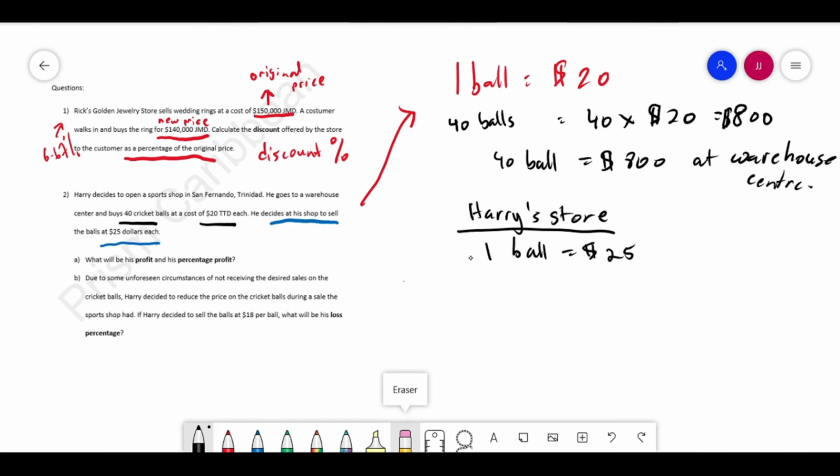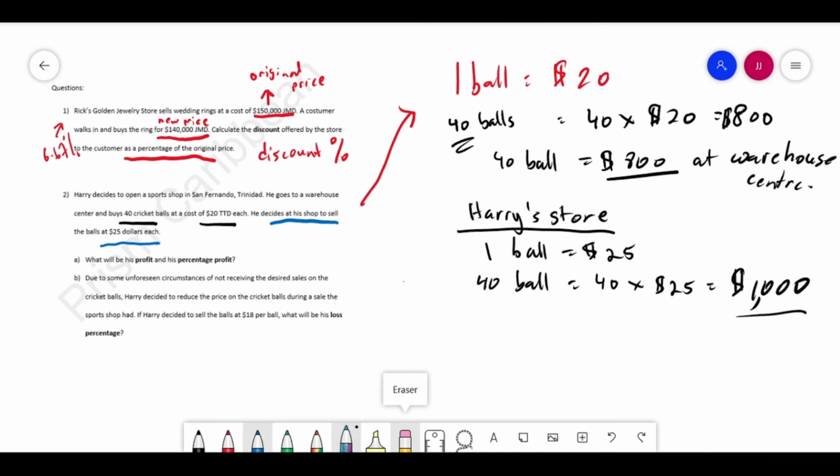And of course, he uses the same amount, 40 balls that he purchased prior, and what he makes from the 40 balls will be 40 multiplied by the cost of one ball, which will be $1,000, right?